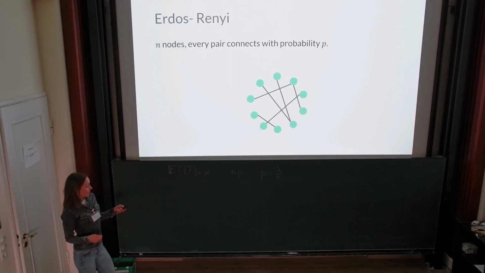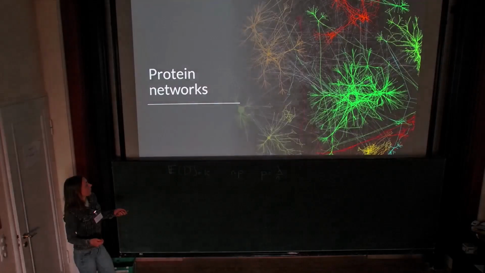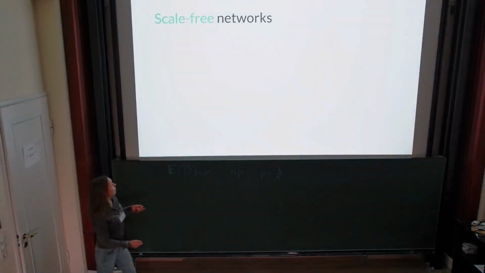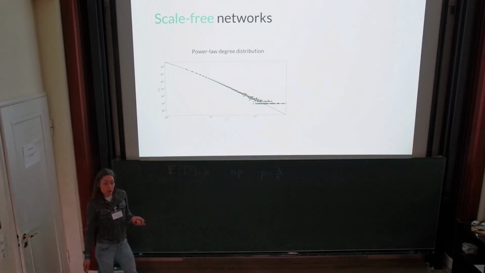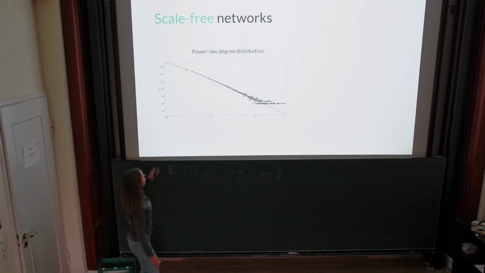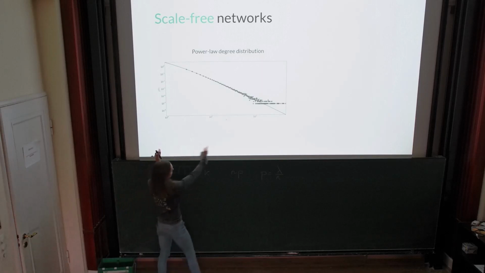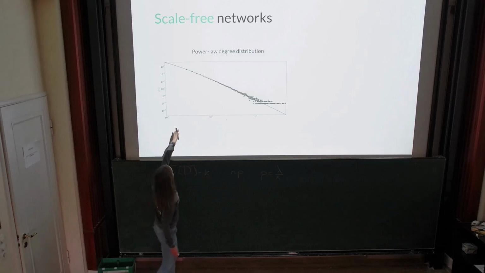This is not perhaps the most interesting per se, but what is interesting is that if you look at many networks, the degree distribution does not look like a binomial at all. This is just one picture of a citation network. Here on the x-axis are the number of citations that a paper can get, and on the y-axis there is the frequency.